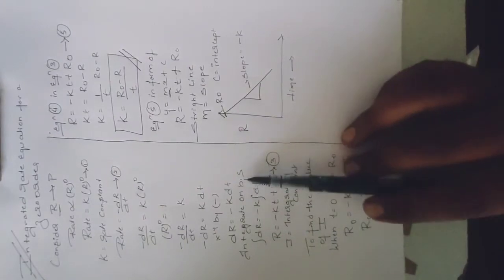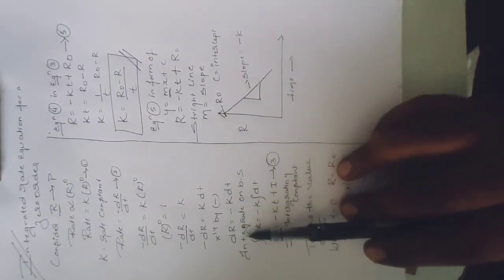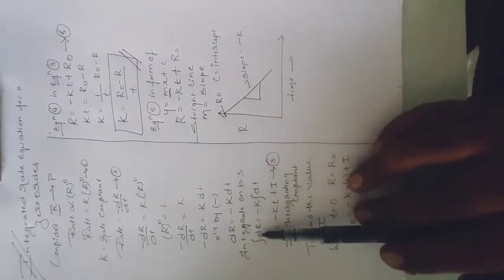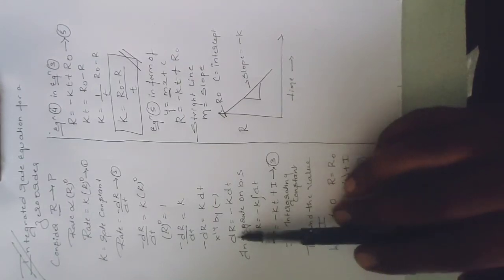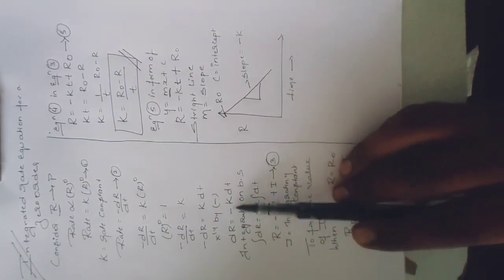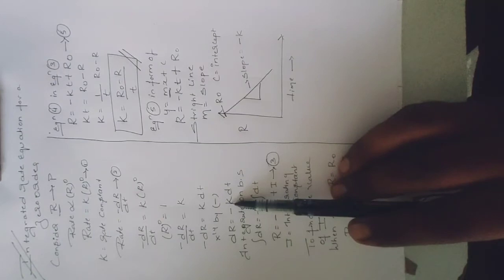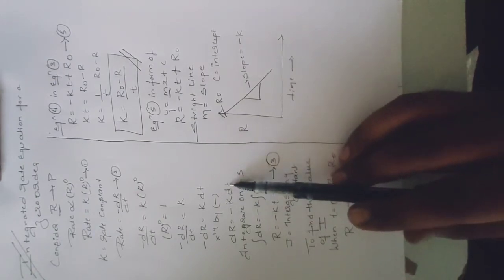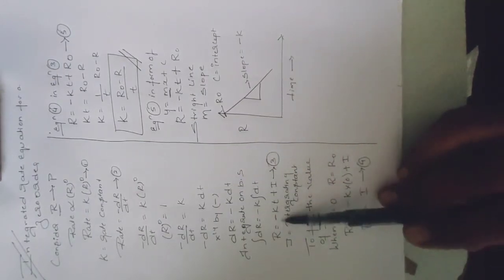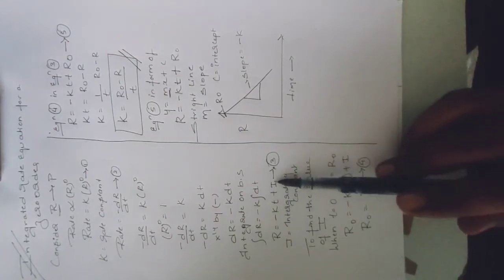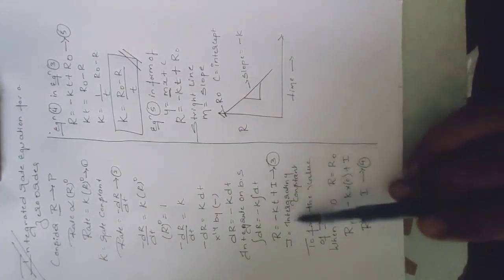Integrate both sides of the above equation. Integrating dr, and minus k is a constant so it stays out, then integrating dt, we will get r is equal to minus kt plus I, which is the integration constant.